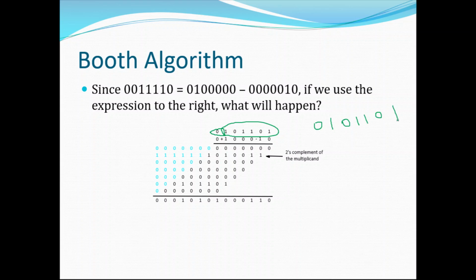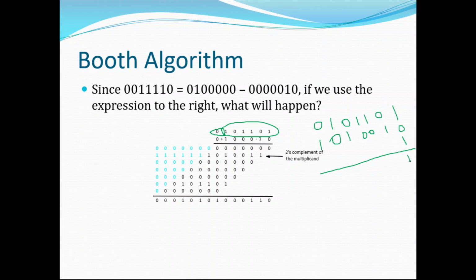So 2's complement means, first take the 1's complement by converting all ones to zeros and zeros to ones. So 1 0 1 0 0 1 0. Okay, 1 0 1 0 0 1 0, right? Then add 1 to this.